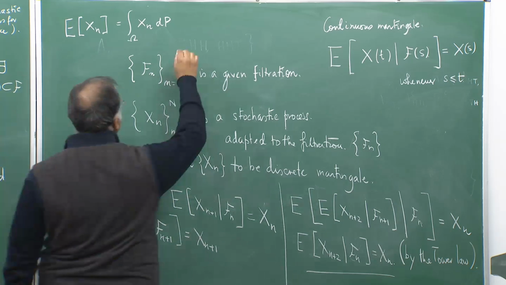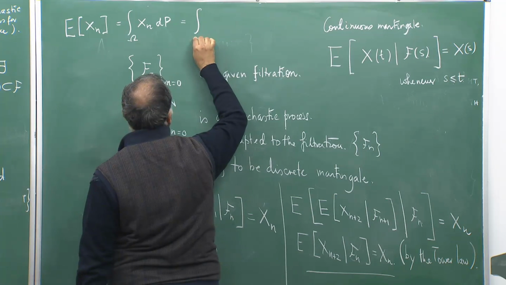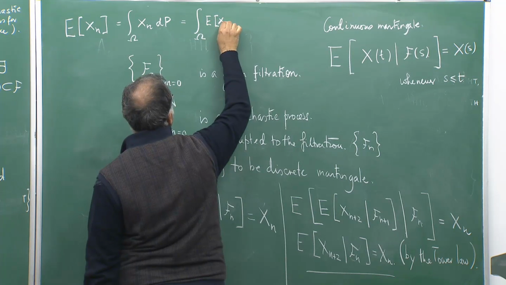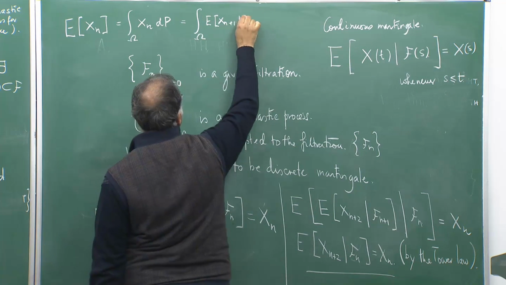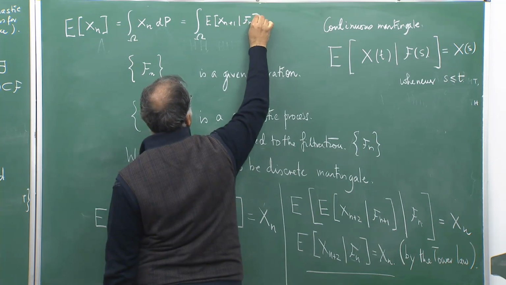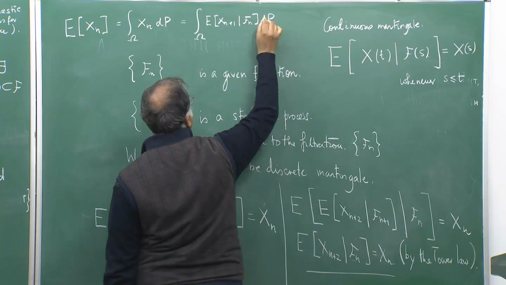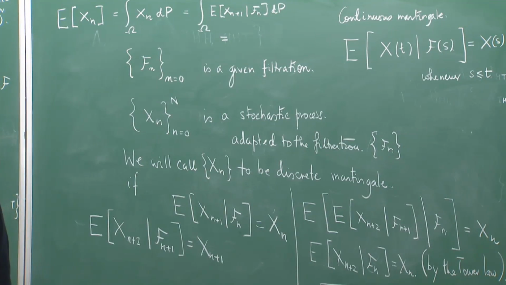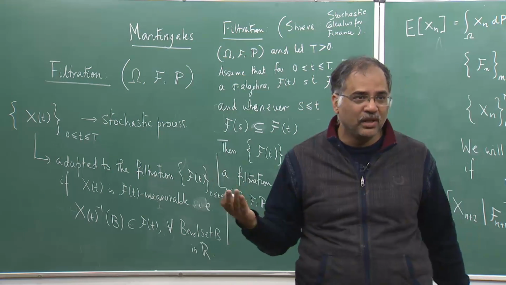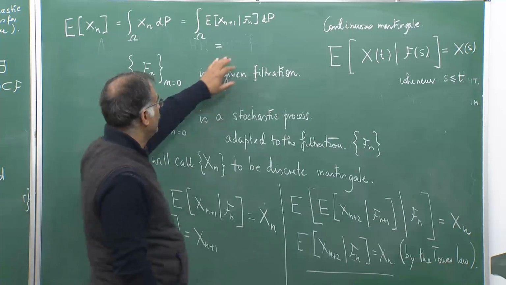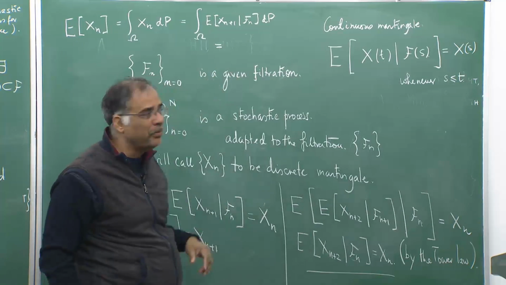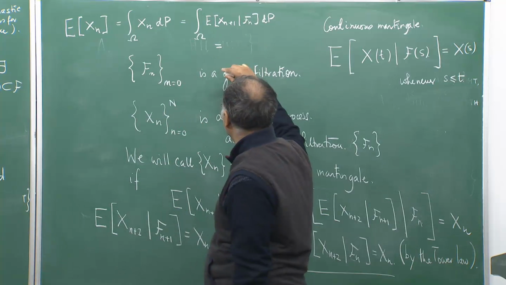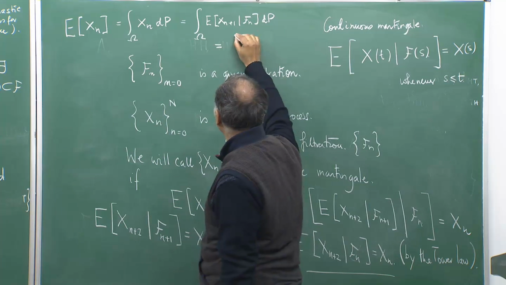So, this is nothing but integral, but by the very definition of conditional expectation, when you do it for the general case, general sigma algebra Fn, not the one generated by a partition, you have to use this partial averaging idea, that is essentially you define it in that way.